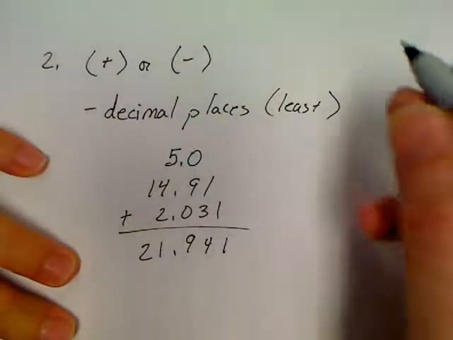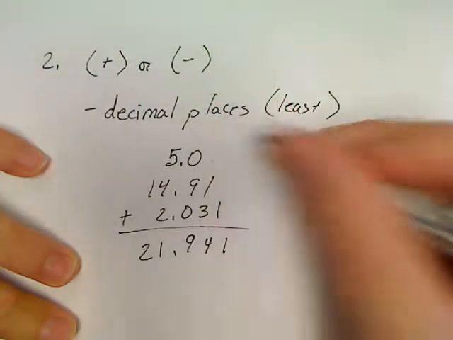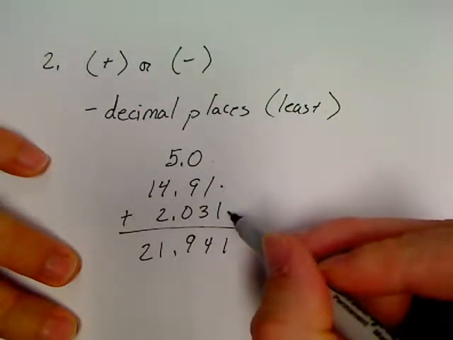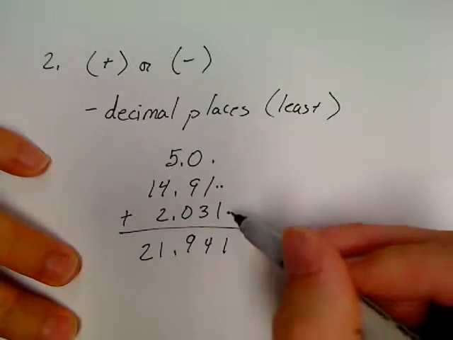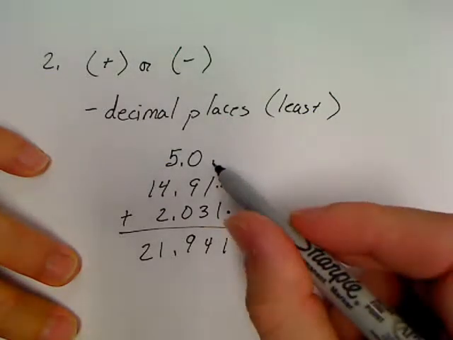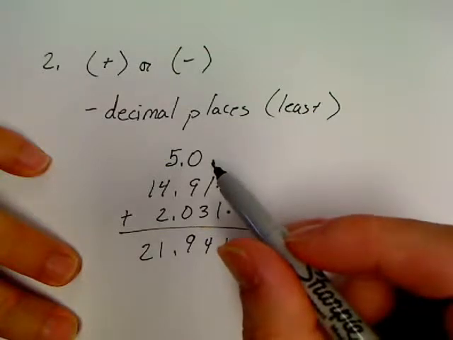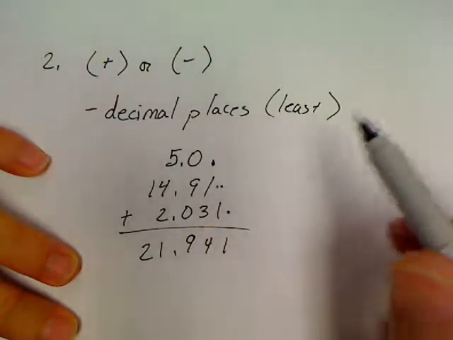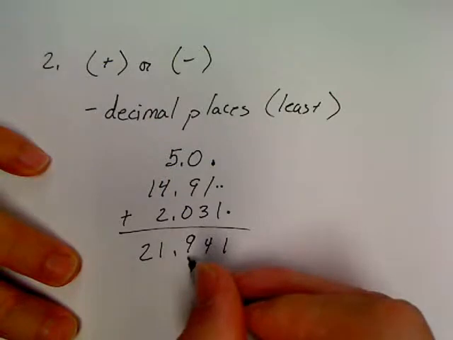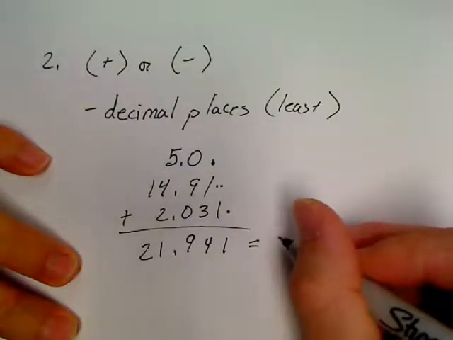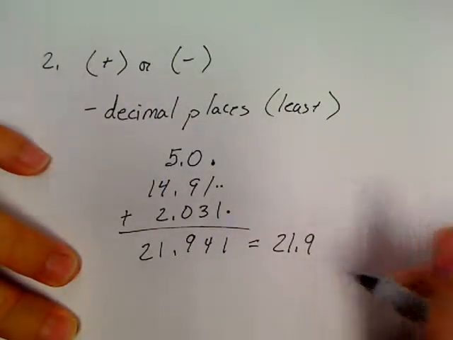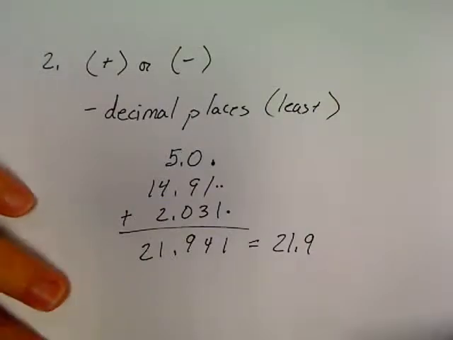You go by the least decimal places. This one has 1 decimal place, 2 decimal places, and 3 decimal places. Well, your answer can only have 1 decimal place. We aren't even counting our sig figs. All we're doing is decimal places. So this answer is 21.9. That's all my answer is.